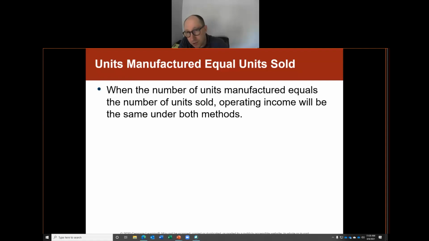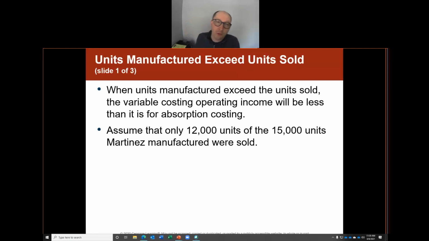When the number of units manufactured are the same as the number of units sold, or equal to, the operating income will be the same under both absorption costing and variable costing. When the units manufactured are greater than the number of units sold, the operating income will be less than the absorption costing.